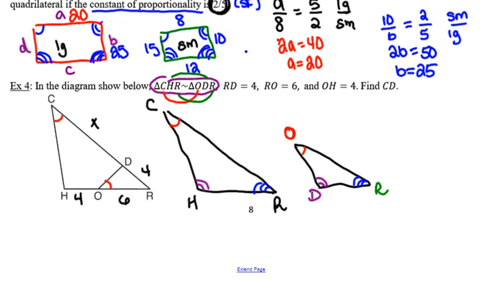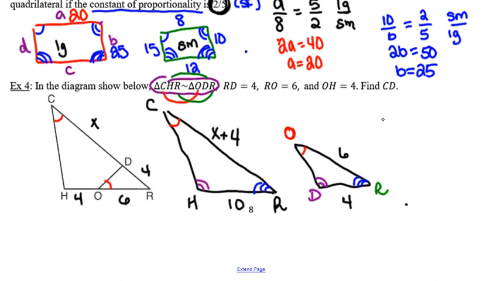All right, so now if I go label some side lengths, C to R is x plus 4, H to R is 10, O to R from the picture is 6, and D to R is 4. And this was important because I've now oriented these triangles in such a way that their corresponding sides match up.